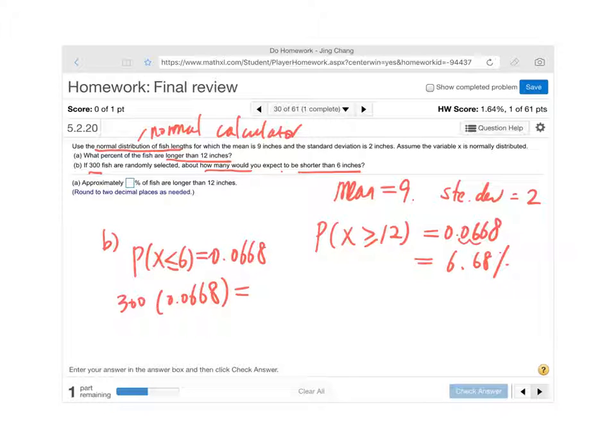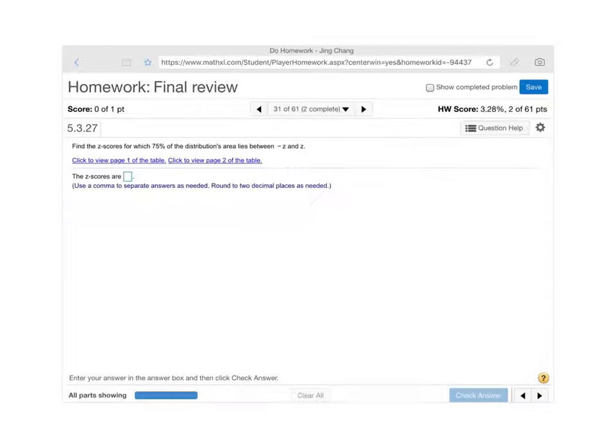That'll give you how many fish are shorter than 6 inches. So use the calculator. It's probably 20 fish.